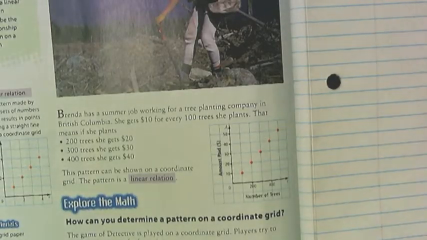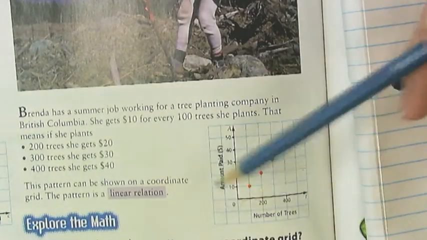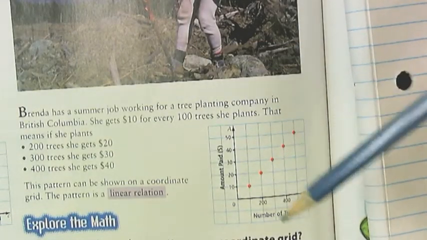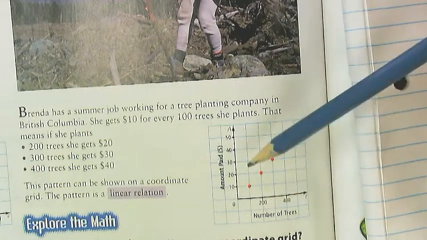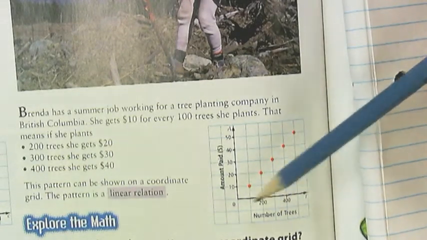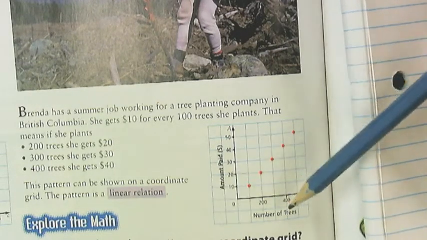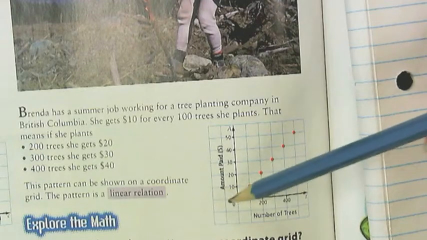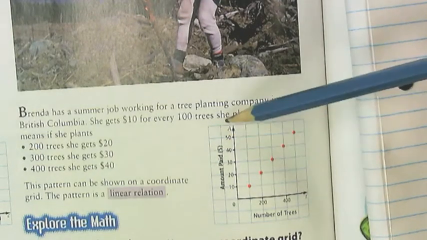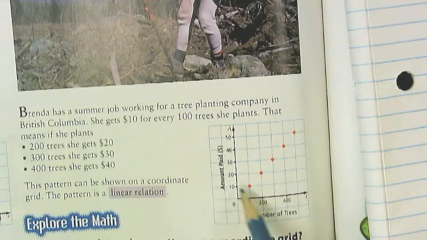So on here, in your textbook, you can see on the coordinate grid the relationship between the number of trees she plants in the hundreds, and that is our x-axis. Remember that our horizontal axis is our x-axis, and the amount of money that she earns graphed on the y-axis. So when she plants 100 trees, she gets $10.